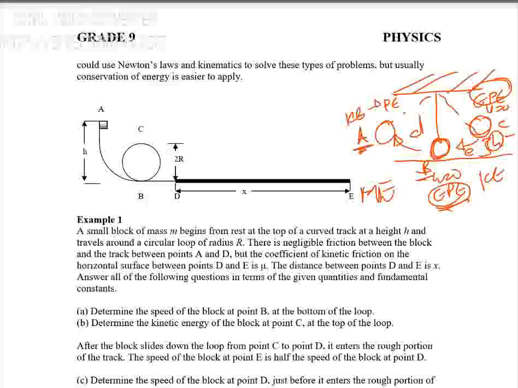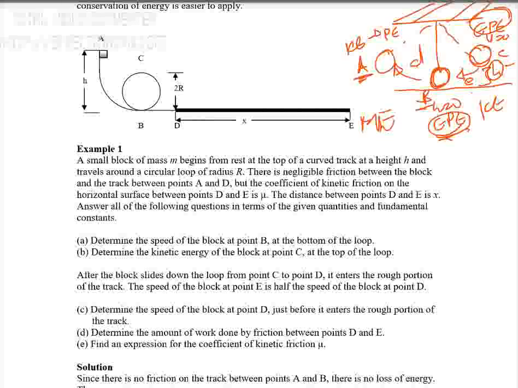Okay, let us see one example. A small block of mass m begins from rest at the top of a curved track at a height of H, as seen in the diagram, and it travels around a circular loop of radius R. From this point up to this point it is 2R, because its radius is R. There is negligible friction between the block and the track between points A and D. That means there is no friction.